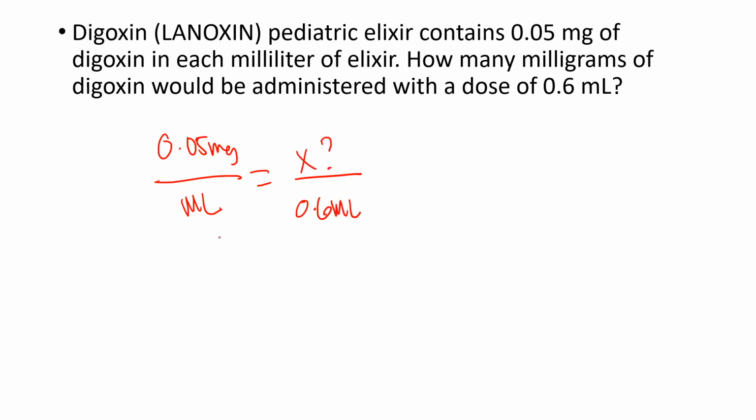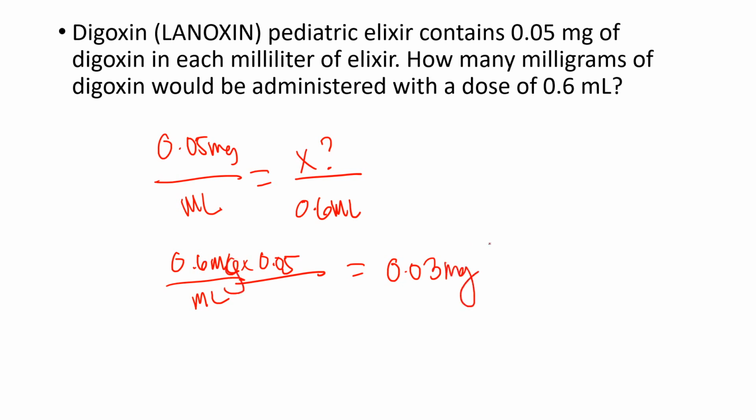So rearranging the formula again, you have 0.6 ml over 1 ml multiplied with 0.05. So compute the answer. We have 0.03 milligrams. So this is the answer to this question.